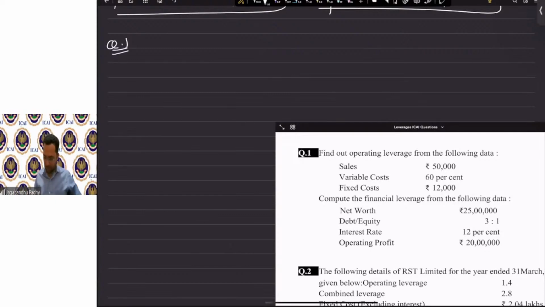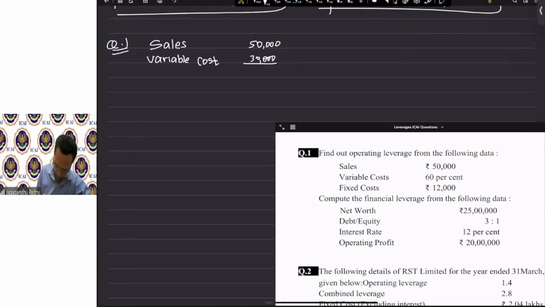Find out the operating leverage from the following data. We have sales of 50,000. Then we have the variable cost, which they're saying is 60%. 60% means variable cost will be 30,000.